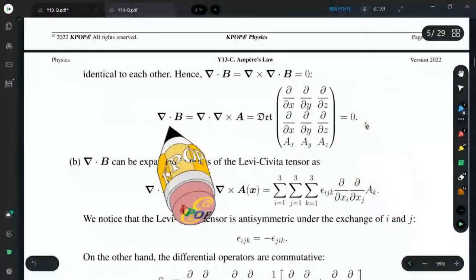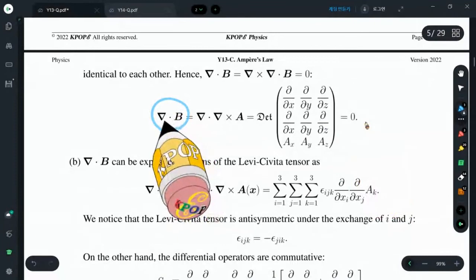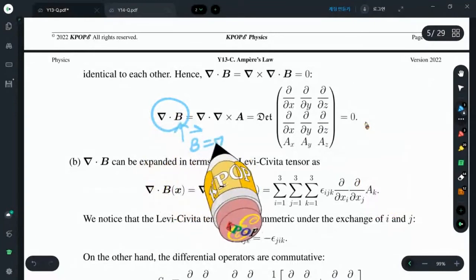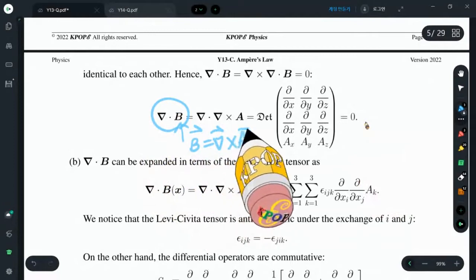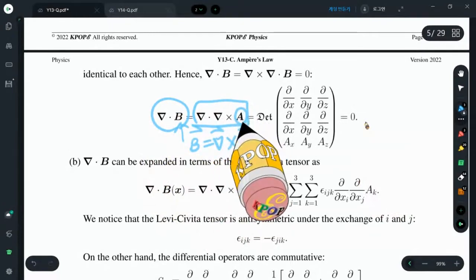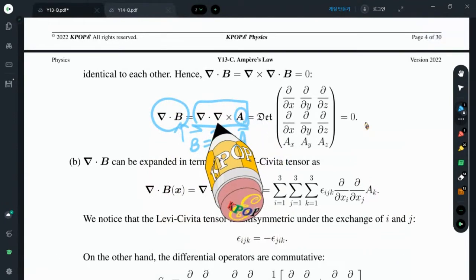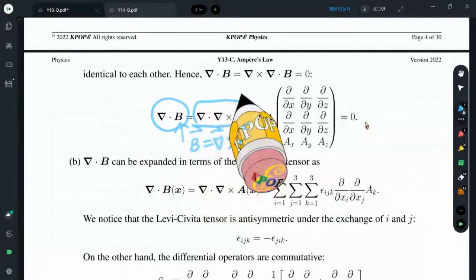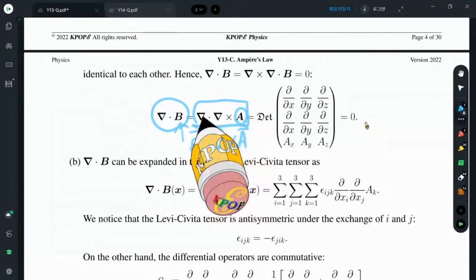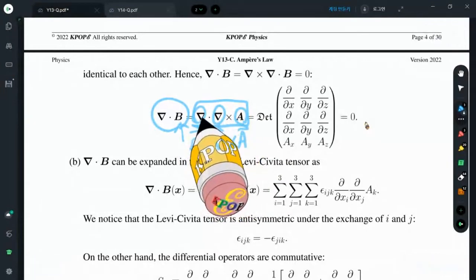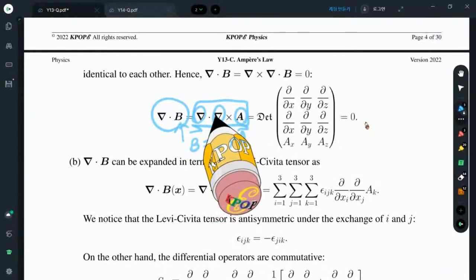Anyway, divergence B is zero because the B field is the curl of A, and if we substitute this, we have the divergence of the curl of the magnetic vector potential. In fact, this is a triple scalar product style. Instead of a vector, we have a vector operator.